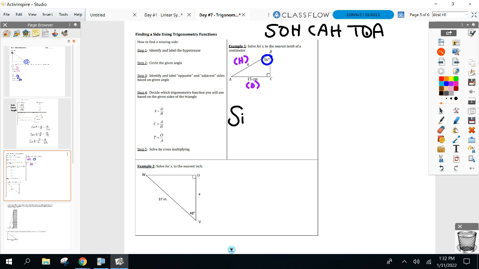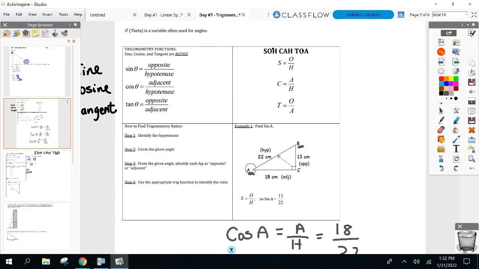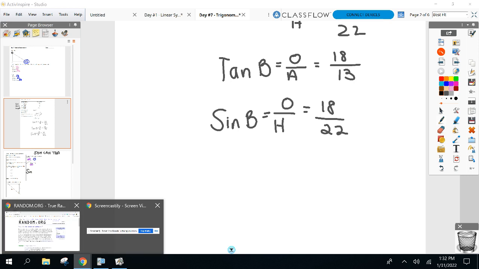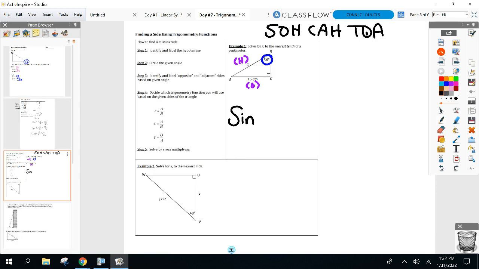Sine ratio. Ready? Sine, S-I-N, abbreviation. Now instead of putting A and B here, I actually know the angle measurement to plug in. What is the angle we're using? 36. So I'm going to put sine of 36.